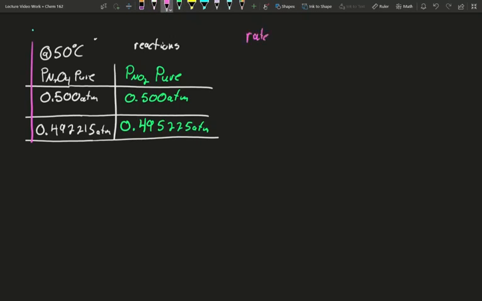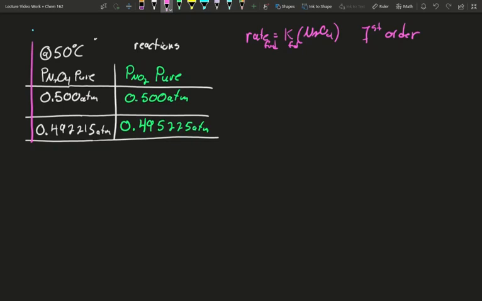Remember that our rate is going to equal K times the pressure of N2O4 for our forward reaction. Now this reaction, it's a single chemical. It just breaks apart. This is a first order reaction. So the forward reaction is just one chemical breaking apart.